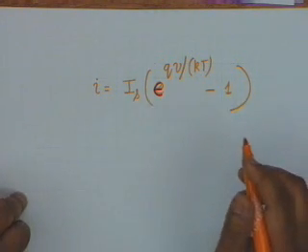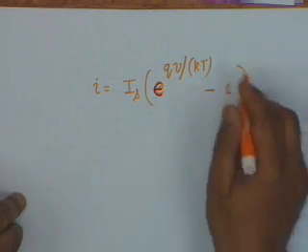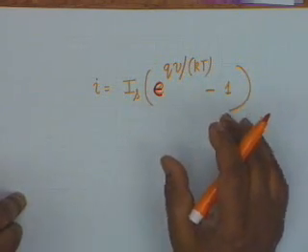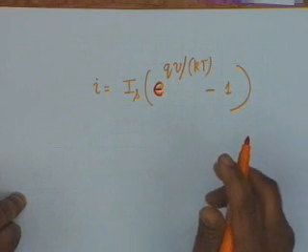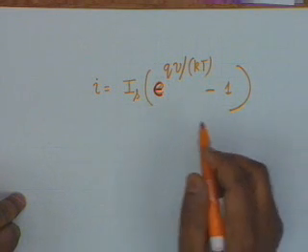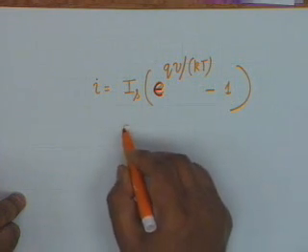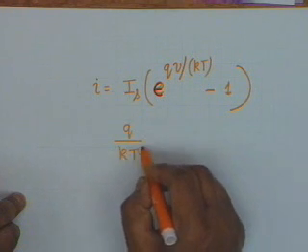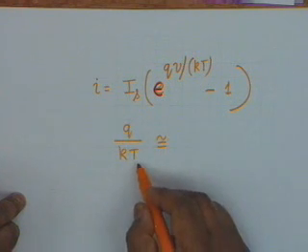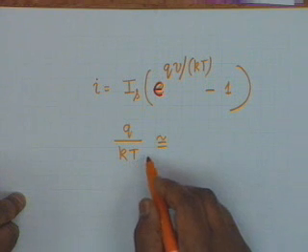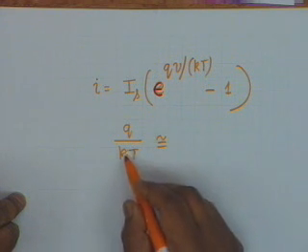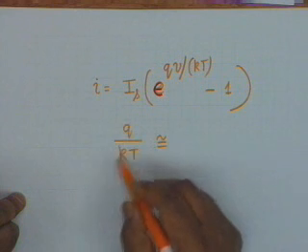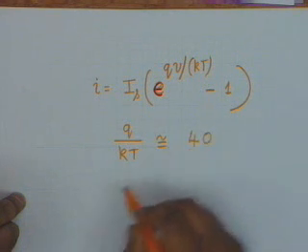Okay. Normally at room temperature, I am not deriving this equation. This equation can be derived from distribution law. But normally at room temperature, q by kT is approximately, what is room temperature? 300 Kelvin. k is the Boltzmann constant, q is the electronic charge. If you substitute, this is approximately equal to 40.